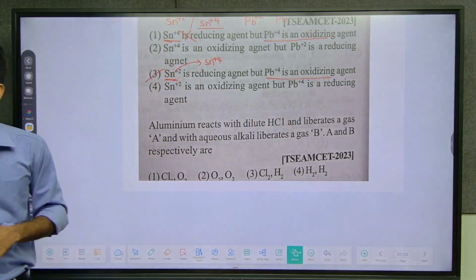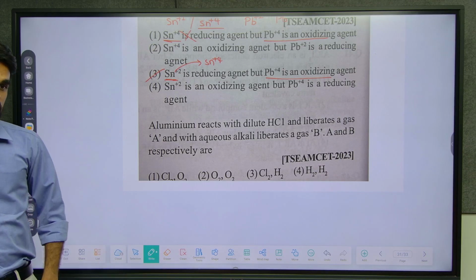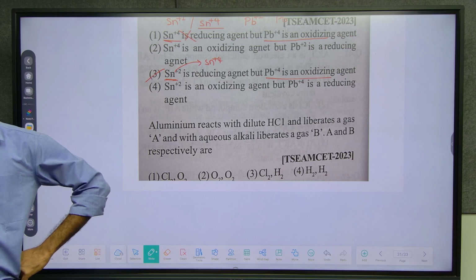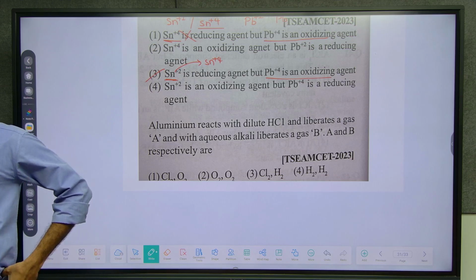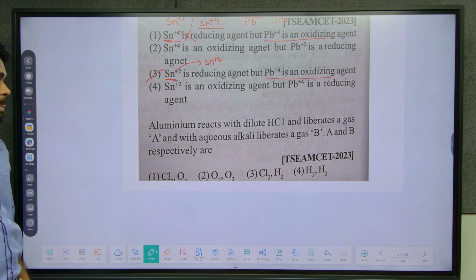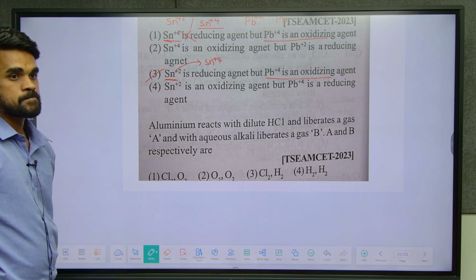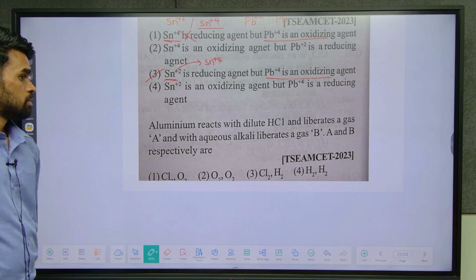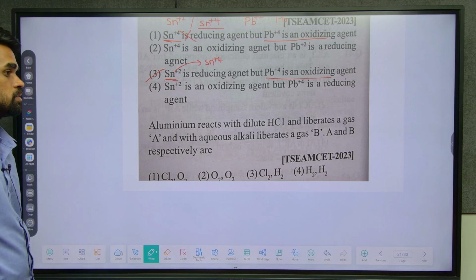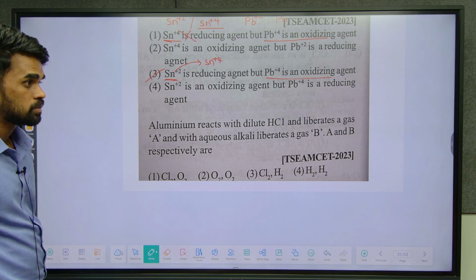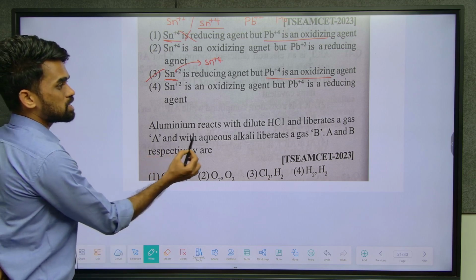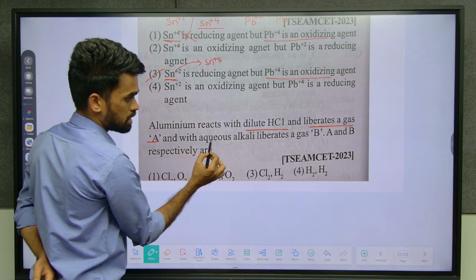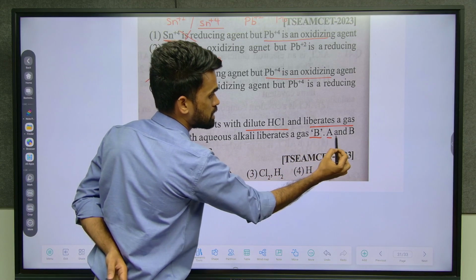What about this question? Aluminium reacts with dilute acid, liberates a gas A. With aqueous alkali liberates a gas B. What are these A, B they are asking?